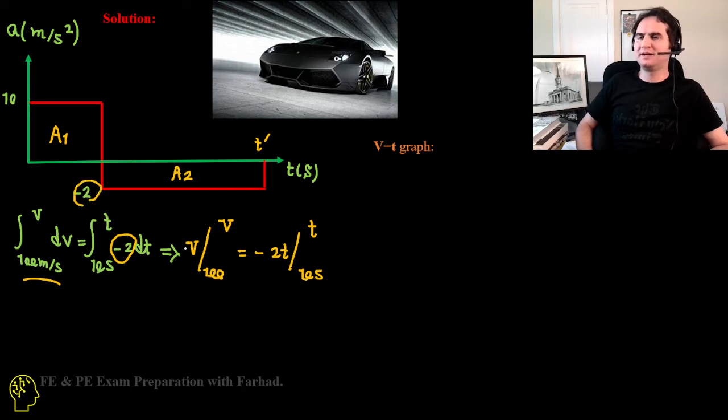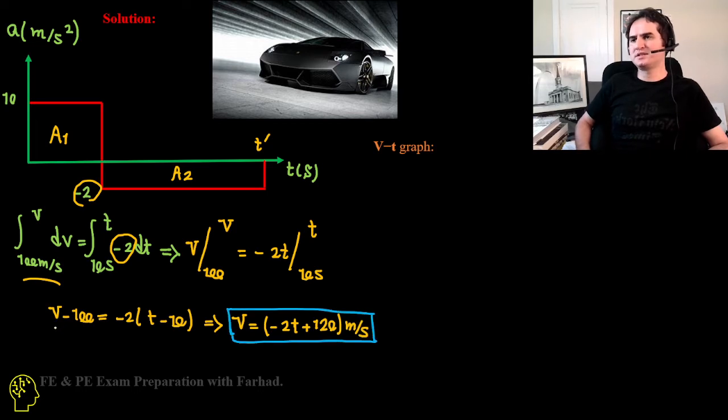That's dt. And velocity from 100 to v for the second part is equal to negative 2 times t from 10 seconds to t prime. We'll equalize t with t prime.